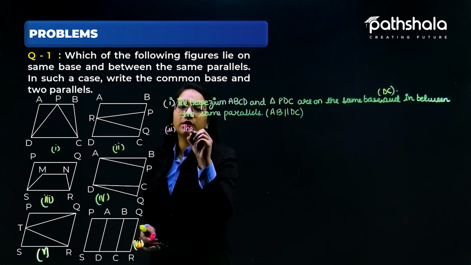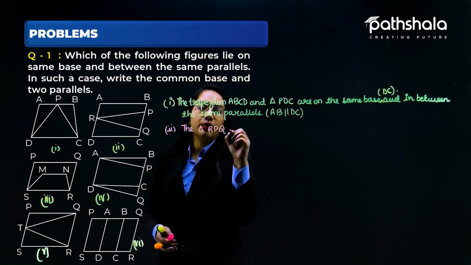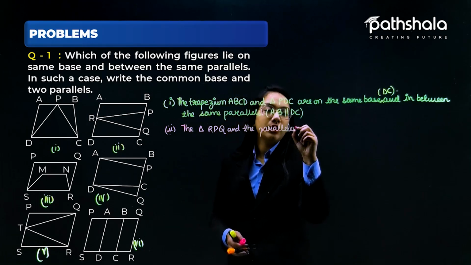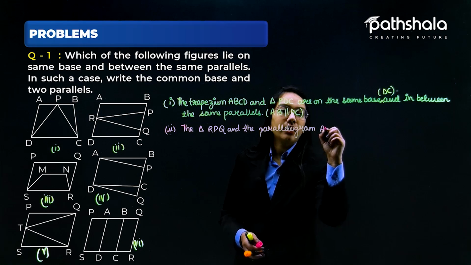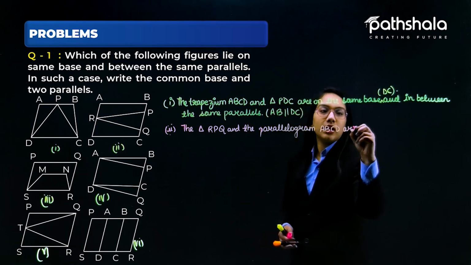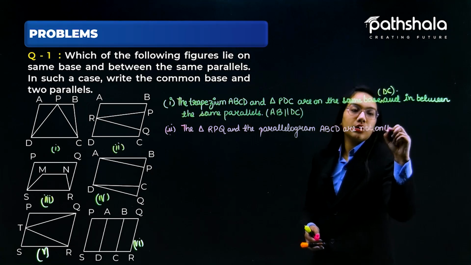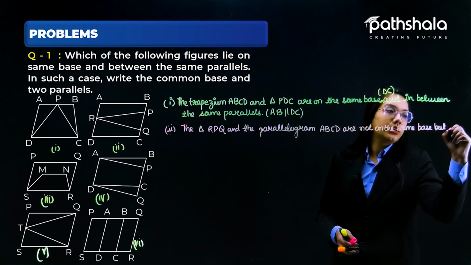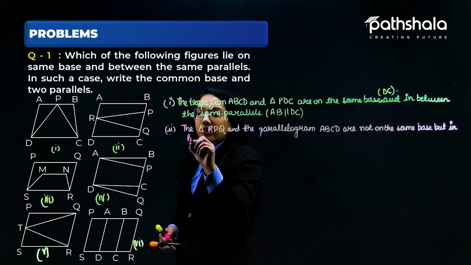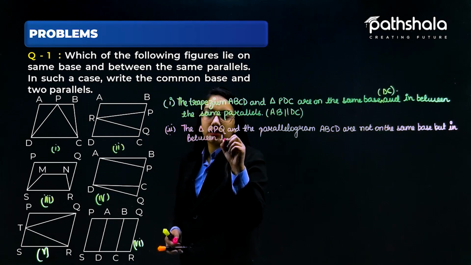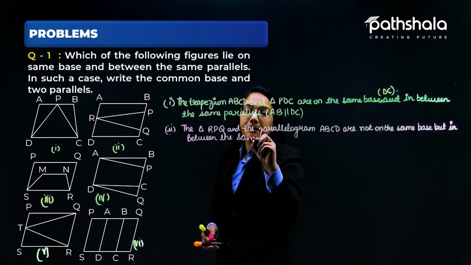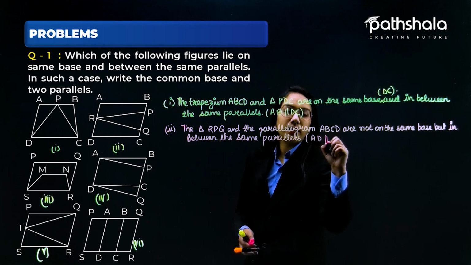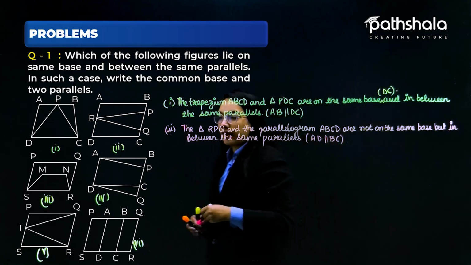So we can say the triangle RPQ and the parallelogram ABCD are not on the same base but in between the same parallels. And what are those parallels? AD parallel to BC.